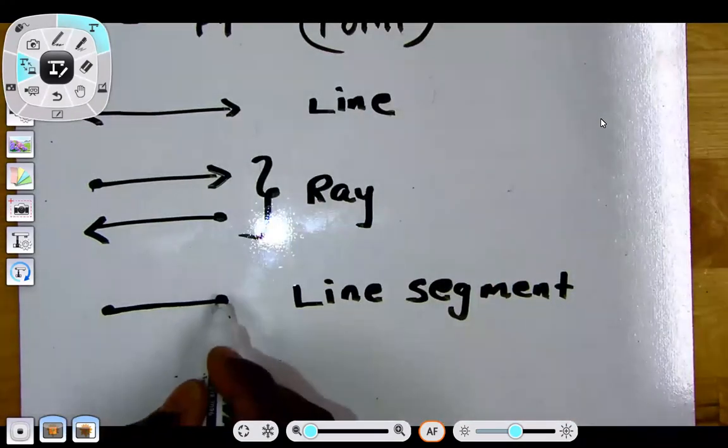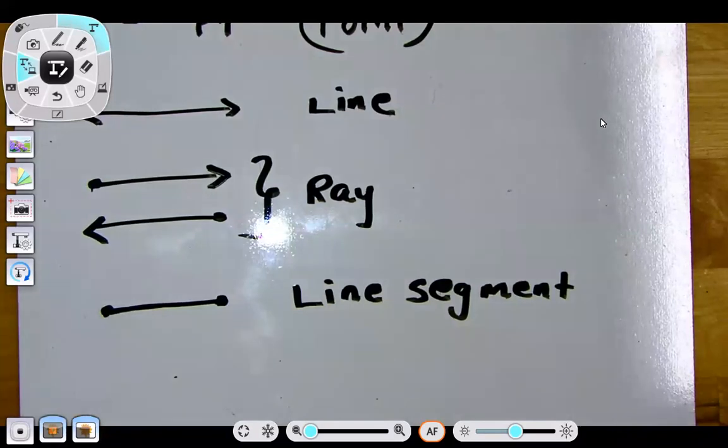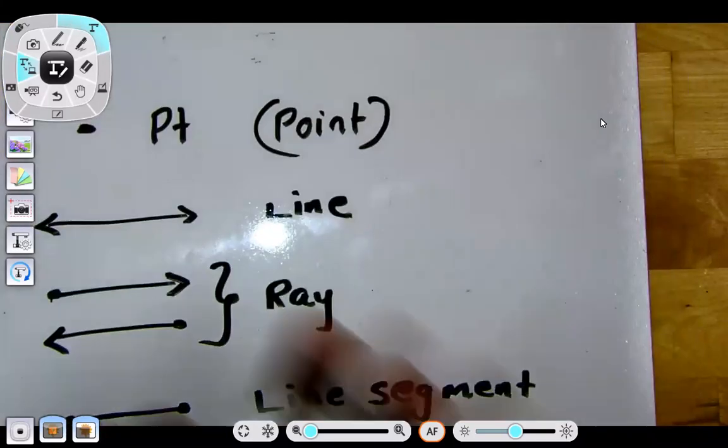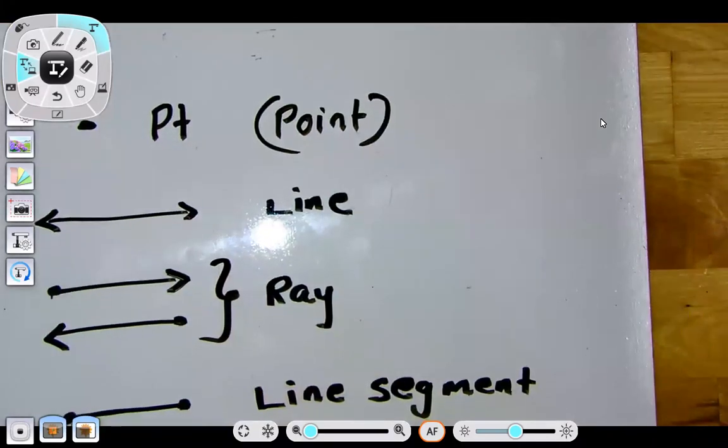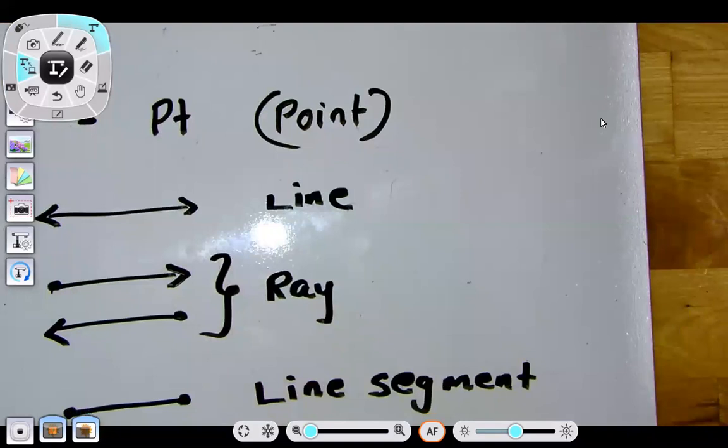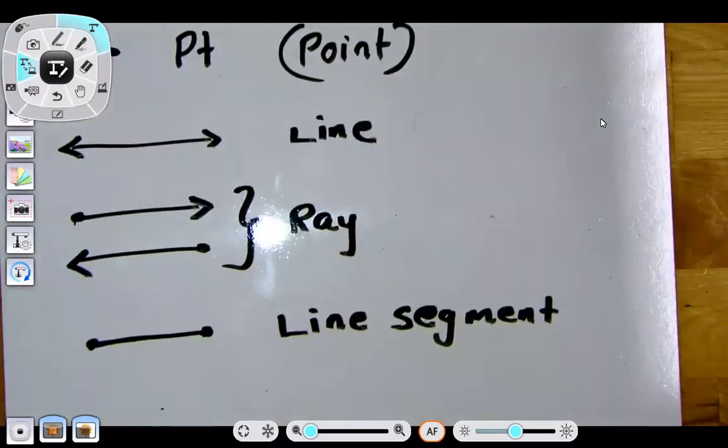See, this is called a line segment. I hope you all know these things and you can differentiate between line segment and line, rays and line, or rays and line segment.